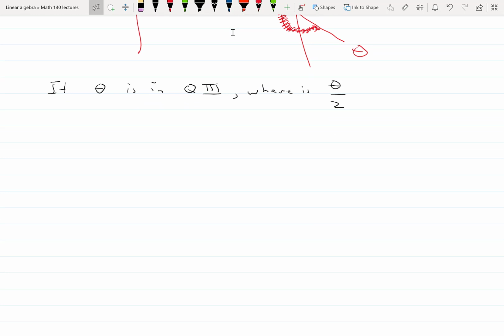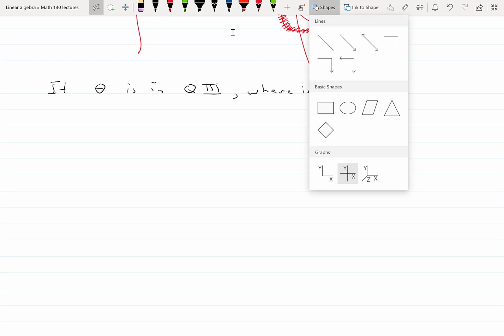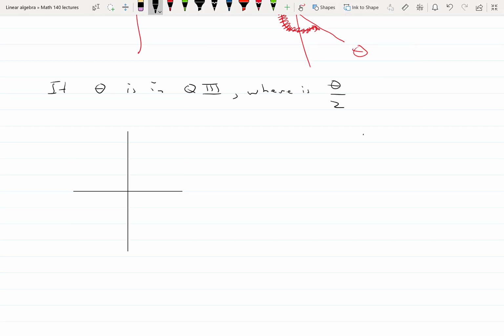If theta is in quadrant 3, that puts theta, let's say, like this. Here's theta in quadrant 3. Where's theta over 2? It seems like it should be in quadrant 2, but we can do this very easily.